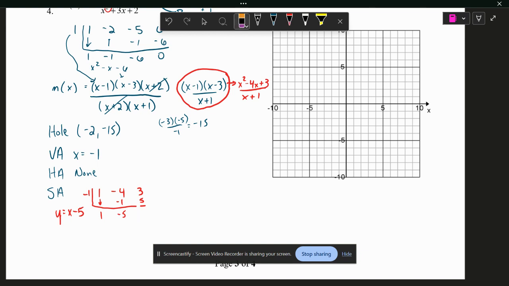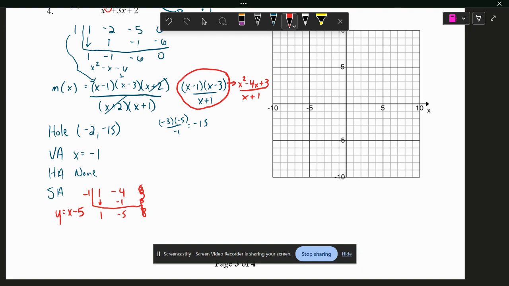See? Thank you. All right. And remember, you're absolutely right. It should have been 8 there. And you know what? It doesn't matter, because the remainder doesn't matter whenever you're doing it. So it should just be y is equal to x minus 5.